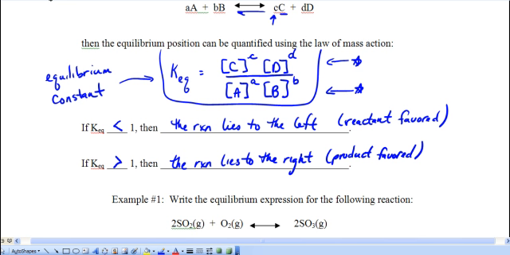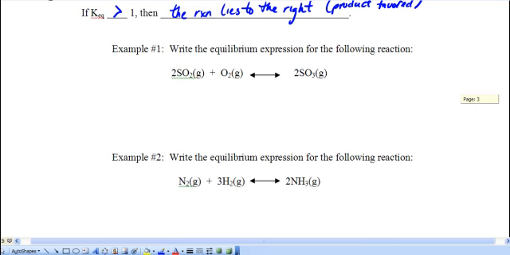All right, so let's practice this a little bit. Moving on down. Example number 1 says, write the equilibrium expression for the following reaction, where you have sulfur dioxide reacting with oxygen to form sulfur trioxide, and of course you have an equilibrium established here. So KEQ is going to equal products over reactants raised to their coefficients' power.